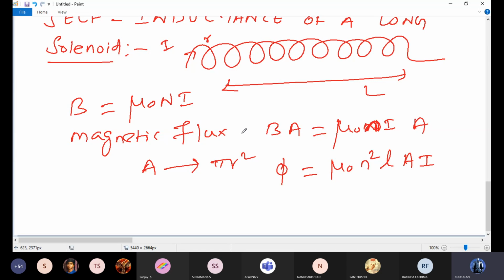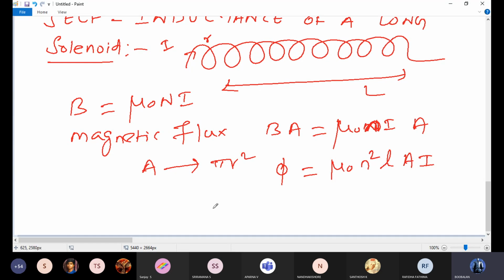So you will get the phi value: phi is equal to mu naught n square L A I. Mu naught is the constant, n is the turns per unit length, L means length, A is the area, I is the current.